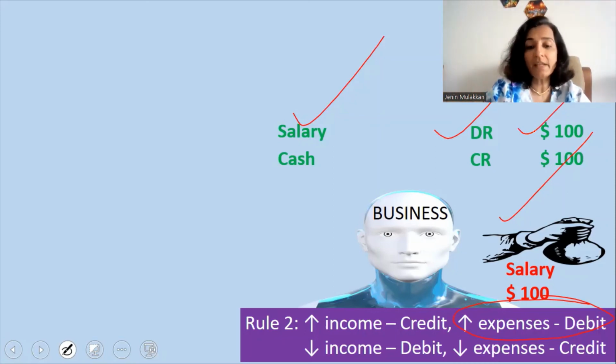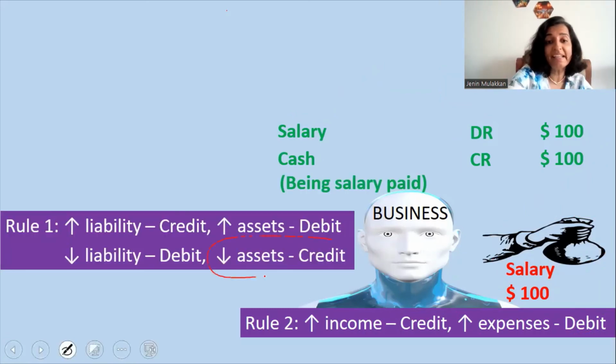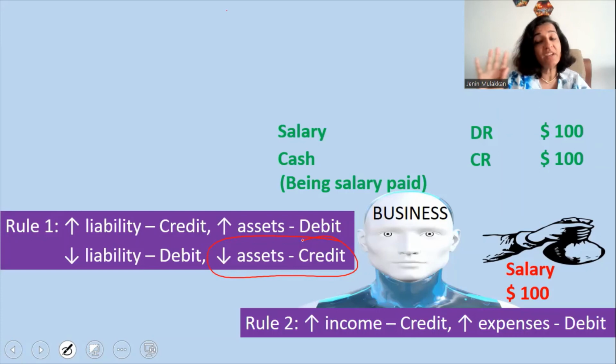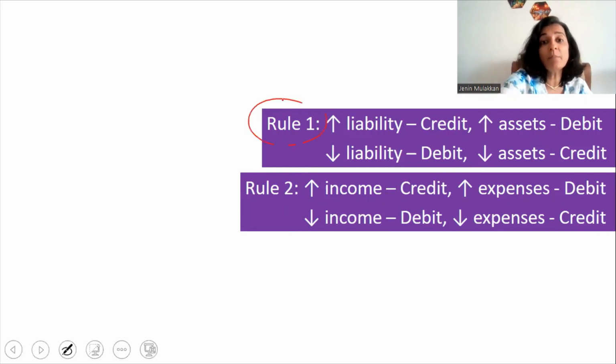And what are we losing? We are losing cash balance to the extent of $100. And as per rule number 1, any reduction in asset has to be credited. Cash is an asset, and there is a reduction of cash taking place when we are paying the salary. So cash account is credited with $100. And what is the narration? Being salary paid.